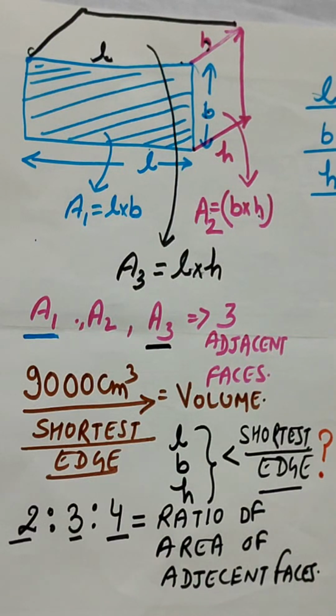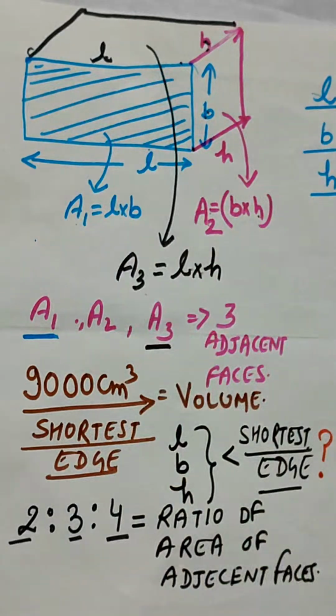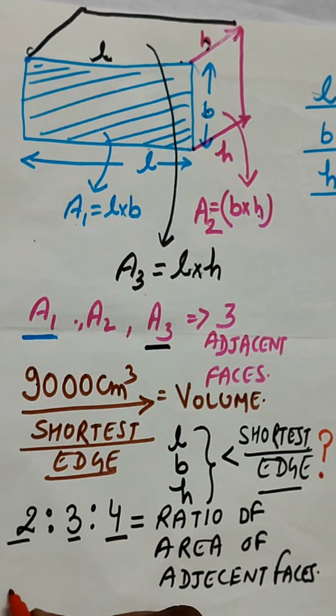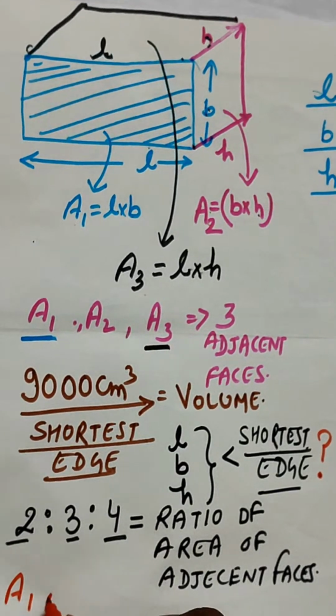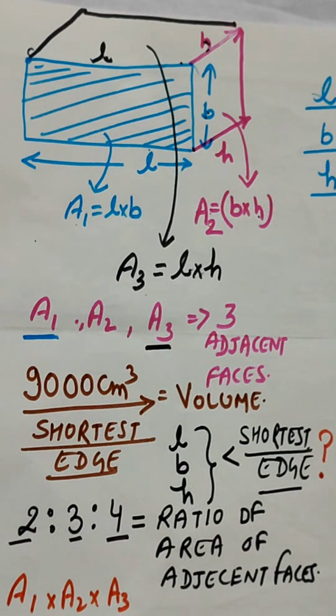So here what we will do, just multiply A1, A2 and A3. When you multiply A1 with A2 and A3, this will give you certain values.